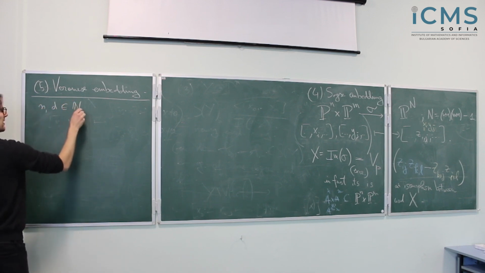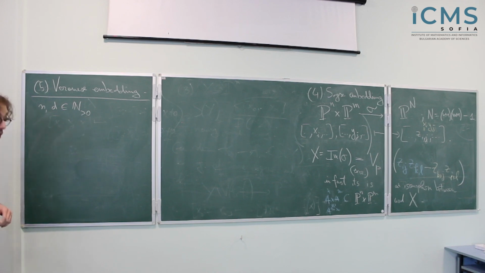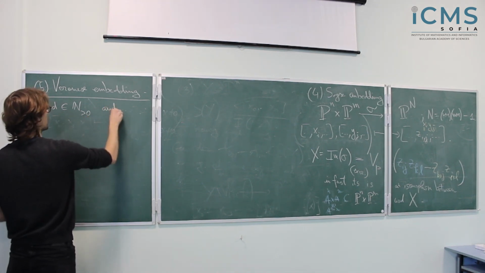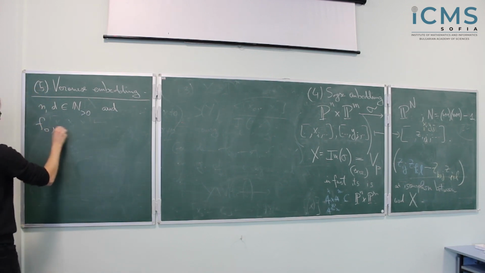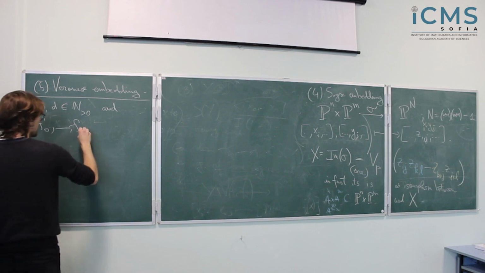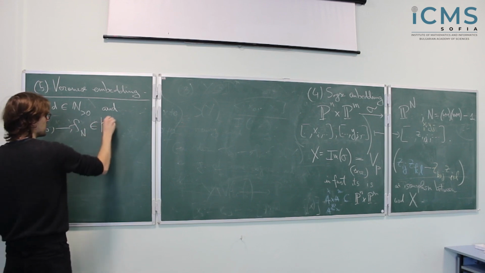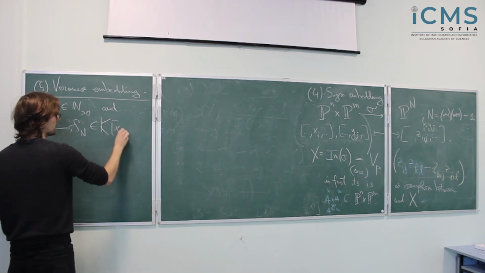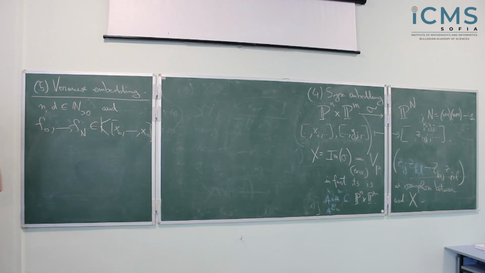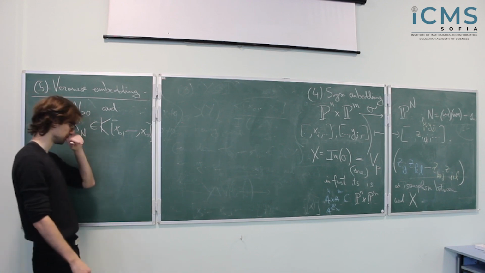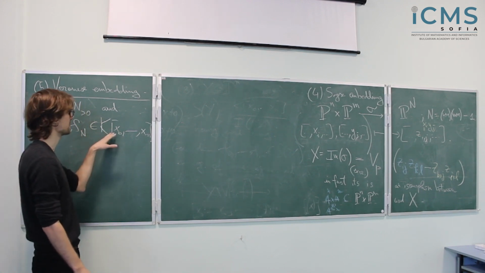Let's consider two positive integers, n and d, and f0 up until f of N. So these will be polynomials of degree d in the variables x0, ..., xn.